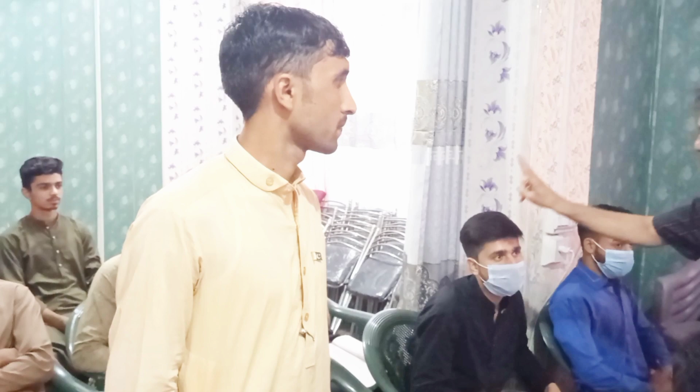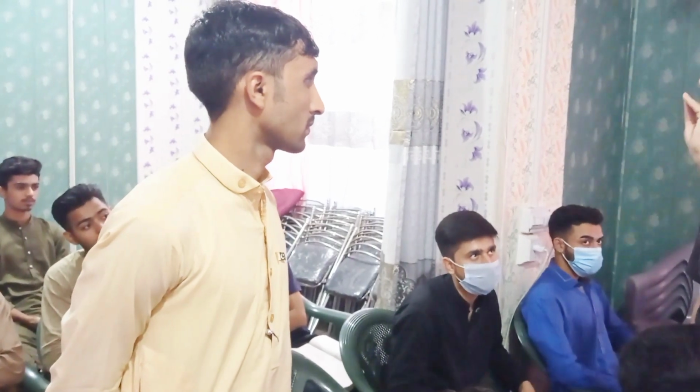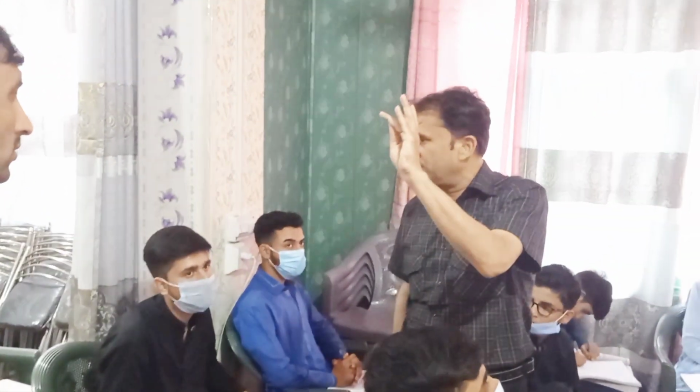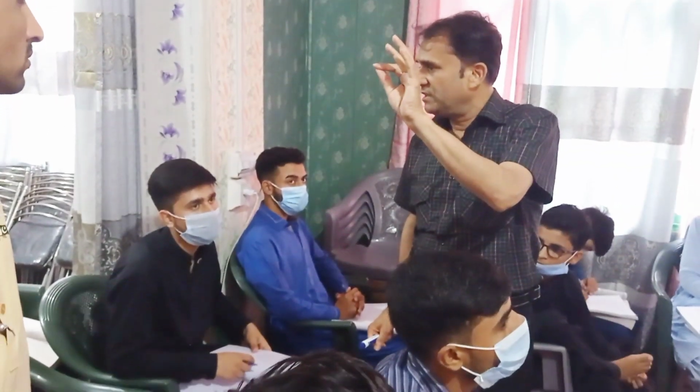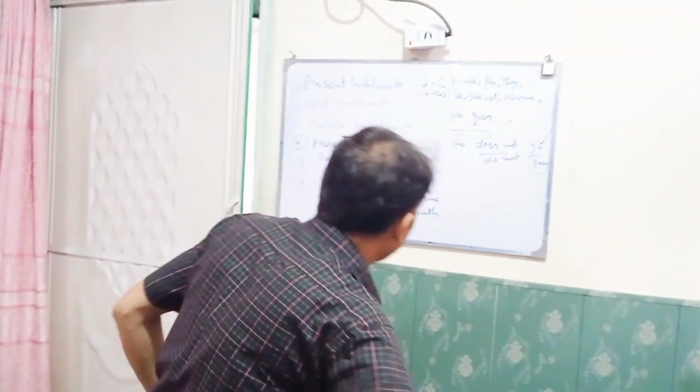और एक और भी मैंने बताया था. Where to use S and where to use ES. The words which end in the letters CH, SH, double S, double Z, X, Y, O, then you are supposed to use ES. Look at. I can erase it. Okay.